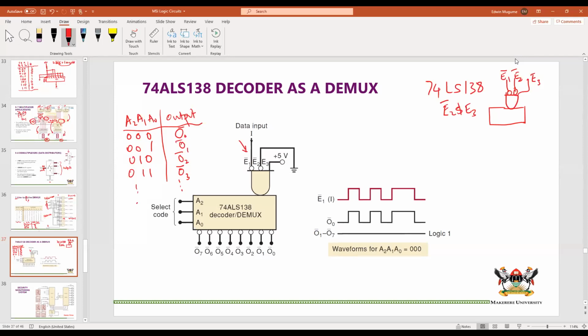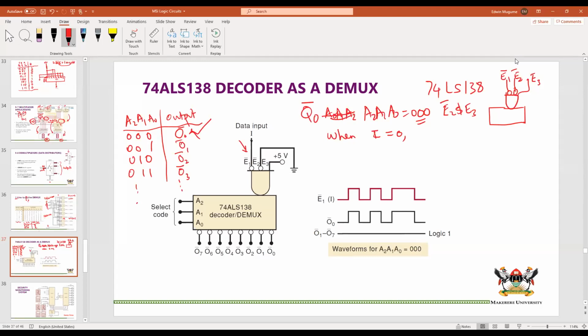But what does that really mean? It means that the signal that is here is the one that is going through to those outputs. If, for instance, A2, A1, A0 is equal to 0 0 0, then O0 is the output that is selected.